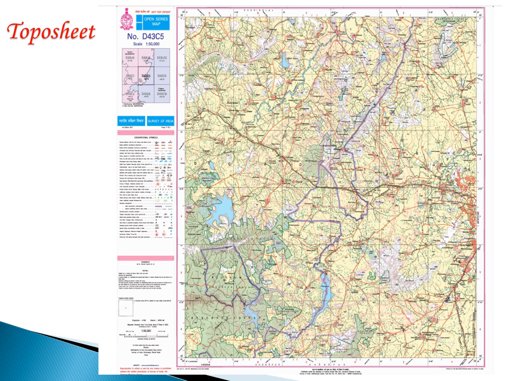Here is a brief picture of how a topo sheet looks. Here you can see the topo sheet number is given, D43C5. Then grids are given. This is the Karnataka and Maharashtra state border. In this there are 6 grids. One grid shows this particular map, which is enlarged here.